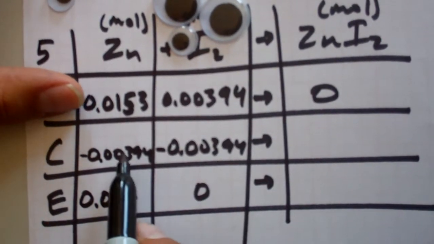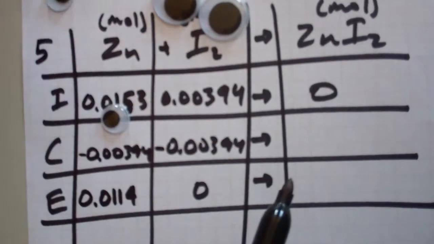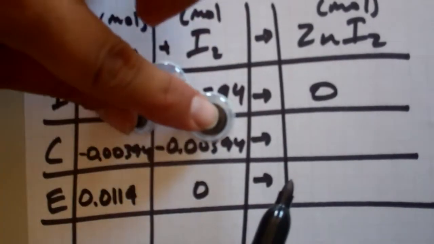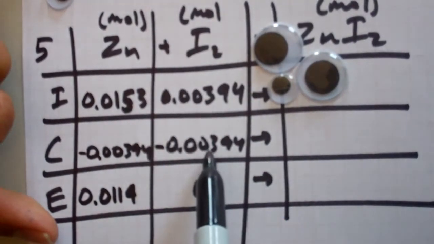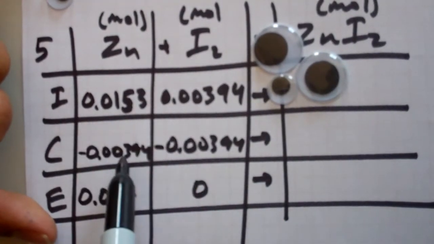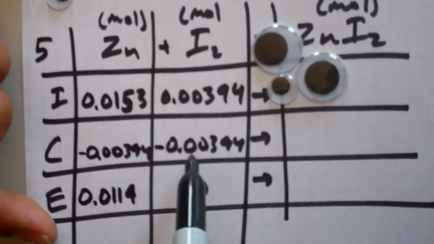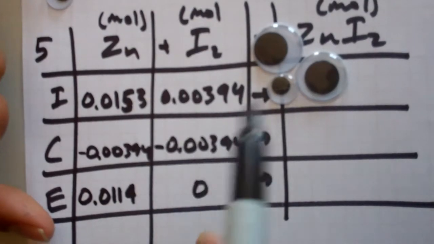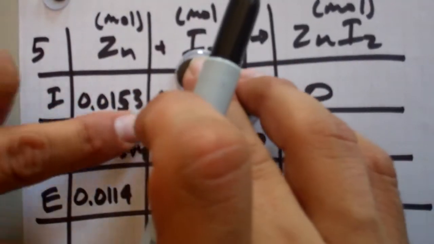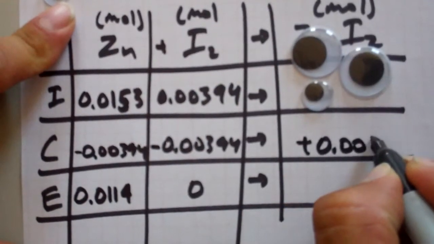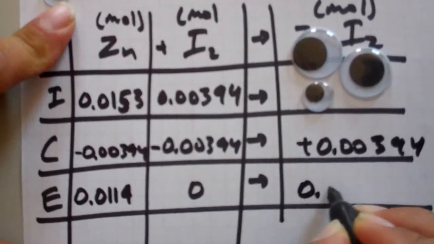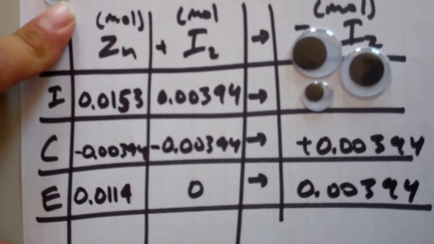And remember, the recipe: 1 of these reacts with 1 of these to make 1 of these. The moles that react, so 0.00394 moles of this reacts with 0.00394 moles of this, 1 and 1, that'll make 1 of these, 0.00394 moles.